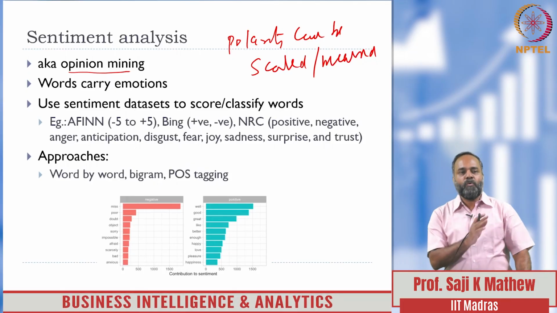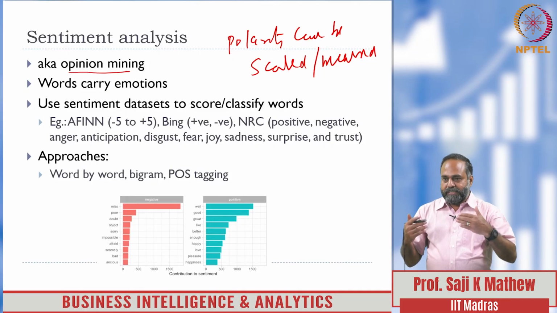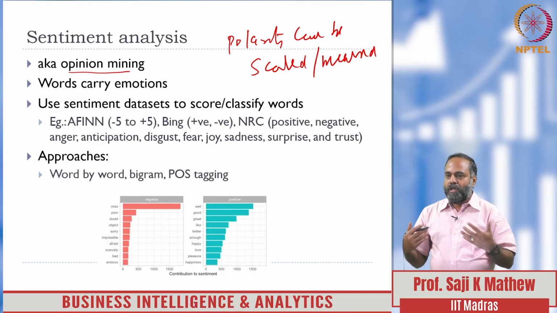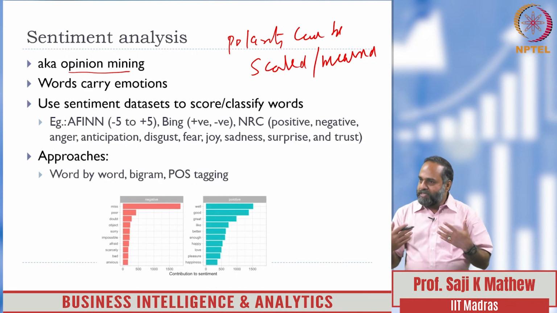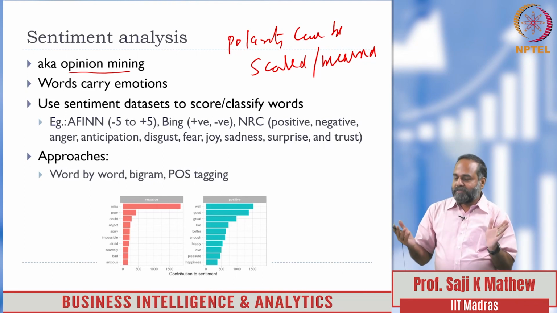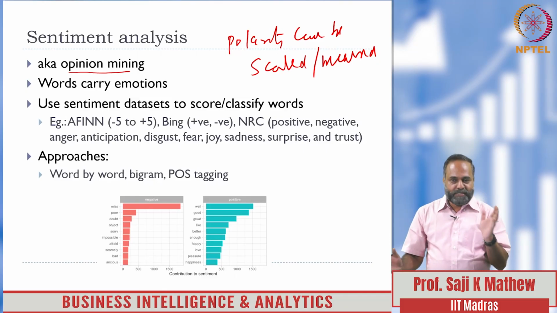Think of love and hate, two words. Looks like it is expressing some sentiment, some feeling, and these two words are expressions of a sentiment, but they are opposite. Love means positive, hate means negative.